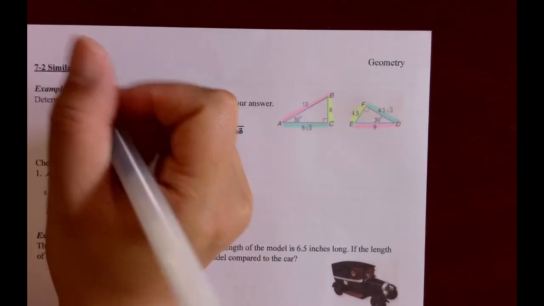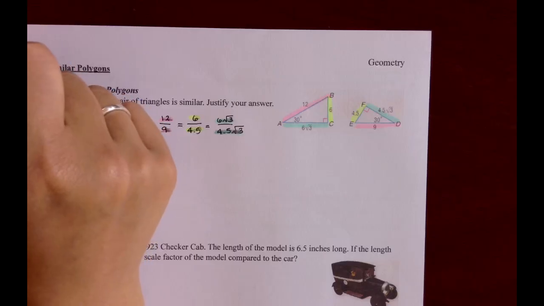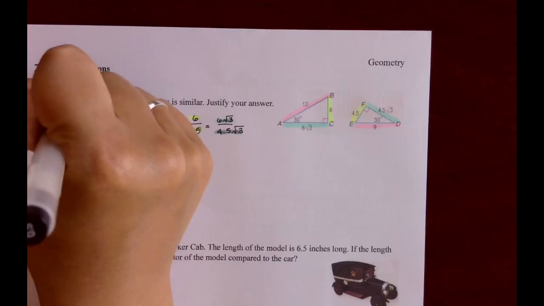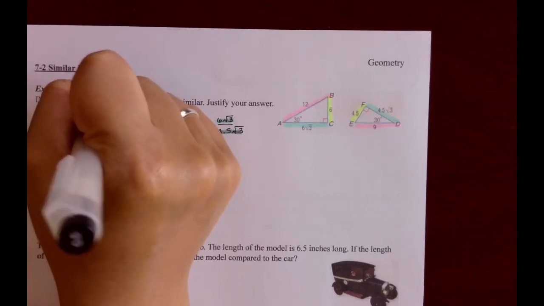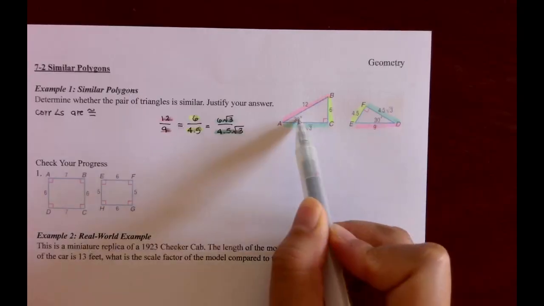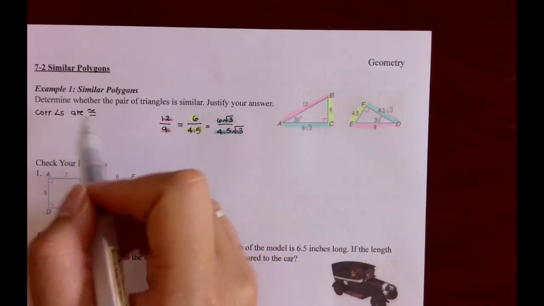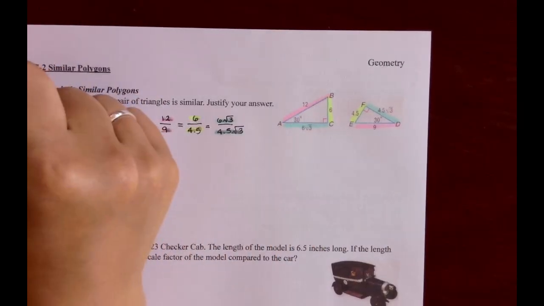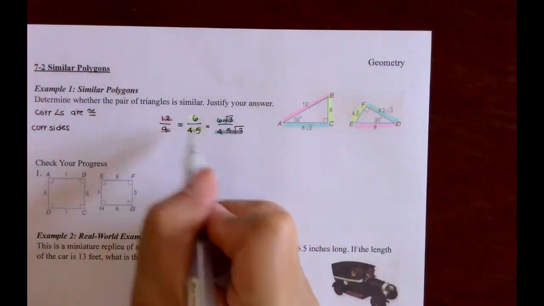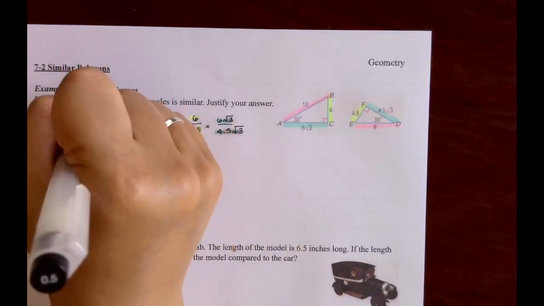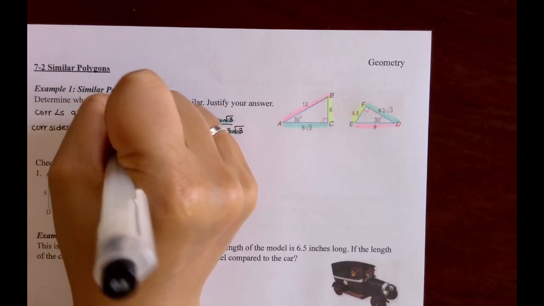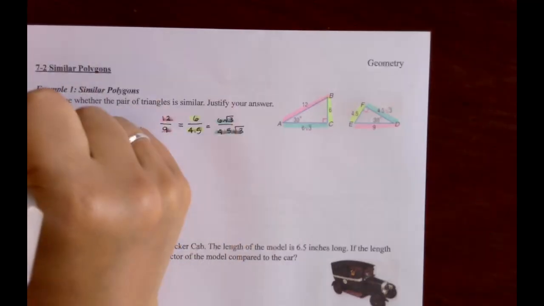Because corresponding angles are congruent, from the 90 degrees, the 30 degrees, and then this would be the 60 degrees, and because corresponding sides are proportional, this is a true statement. The ratios are equal, which makes them proportional. Then we know that they are similar.